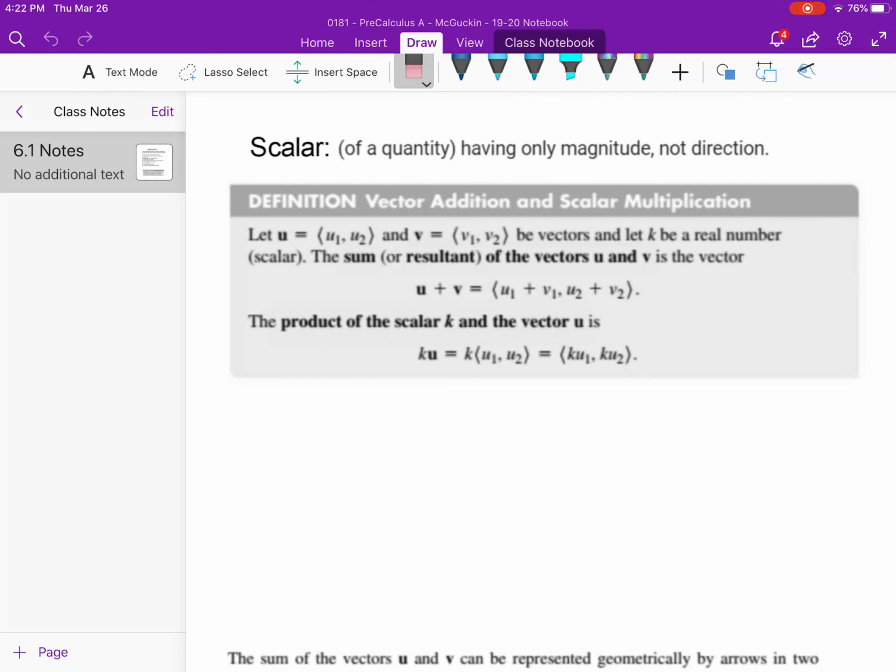In all reality, a scalar is a real number. That's it, all right? Now, more specifically, a scalar of a specific quantity has magnitude, but it does not have direction. Think of it this way. Let's say you were asking me for directions.